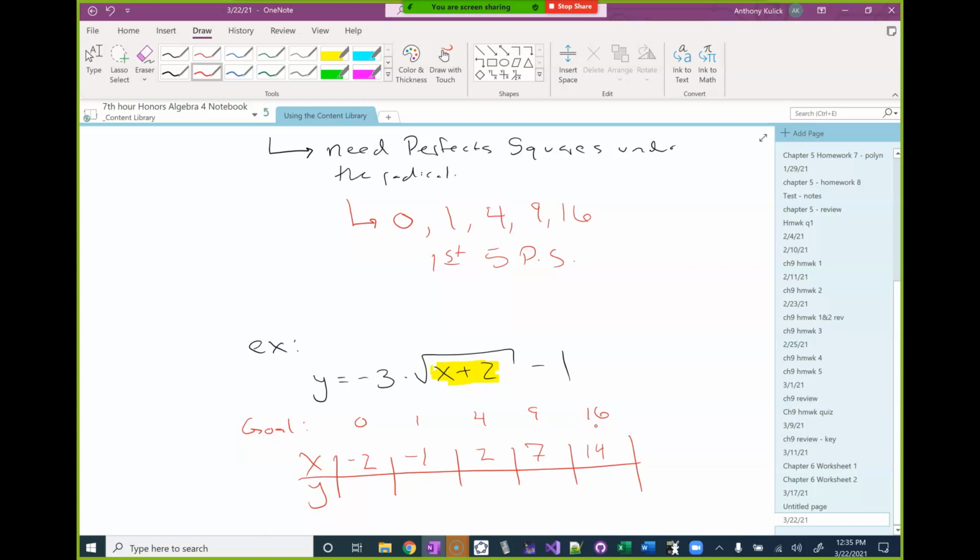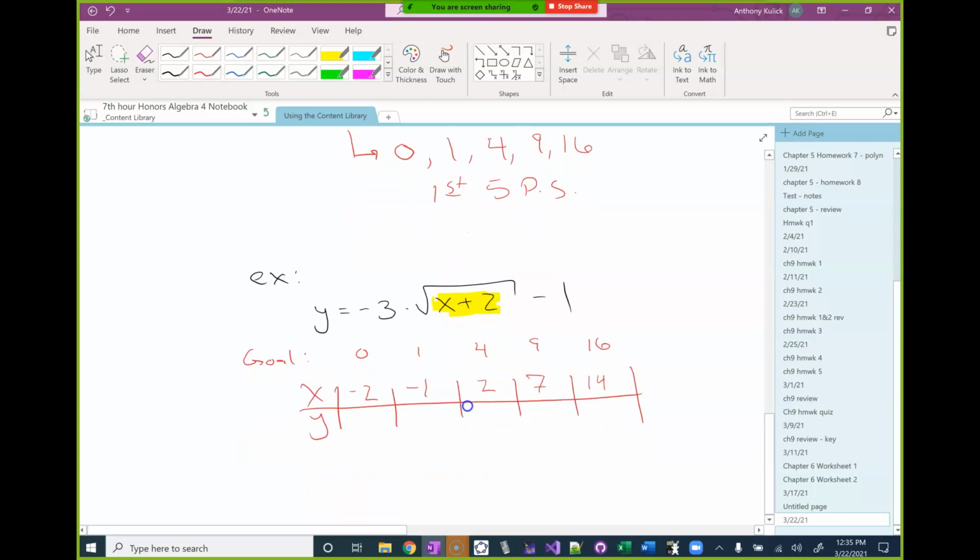Now to get our y values, what do we do? We just plug the x in and evaluate. The nice part though is that we're guaranteed to get nice, neat numbers because we'll always be taking the square root of a perfect square. So really what I have here when I plug -2 in is I just have -3 times the square root of 0, minus 1, which is just -1.